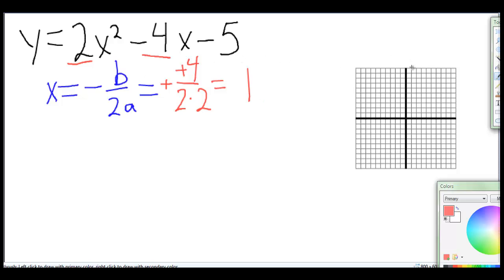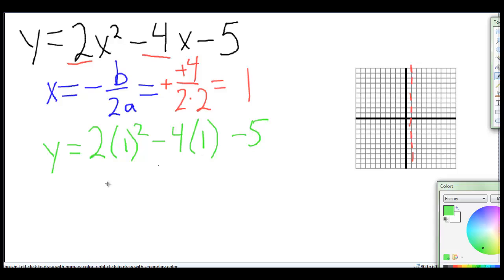So if we come over to our graph, that means we are going to have this axis of symmetry right here, where our graph is going to be reflected through that. All right, so once we've got our x-coordinate, now we need to find our y-coordinate. How do we get y? Well, we just plug in the x. So y is 2 times 1 squared minus 4 times 1 minus 5.